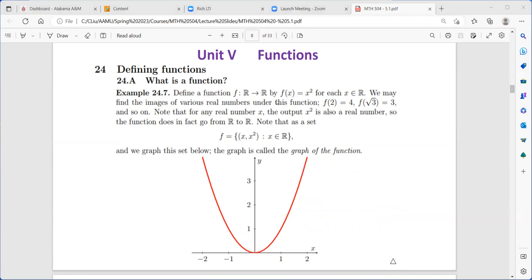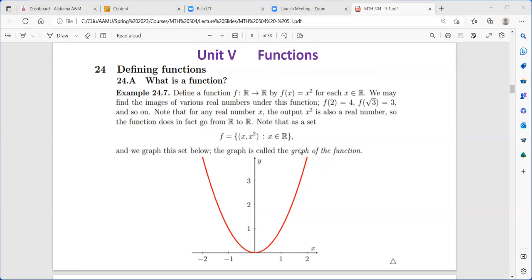You see the codomain R includes all the real numbers, but the range does not, so they're not the same. But the domain includes all the real numbers. So this curve goes from the far left to the far right without end.